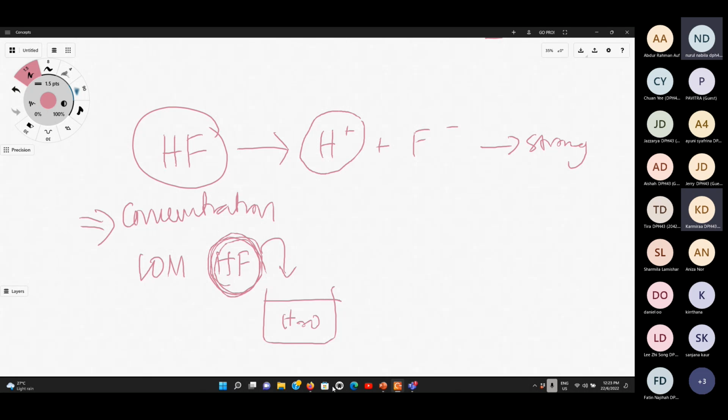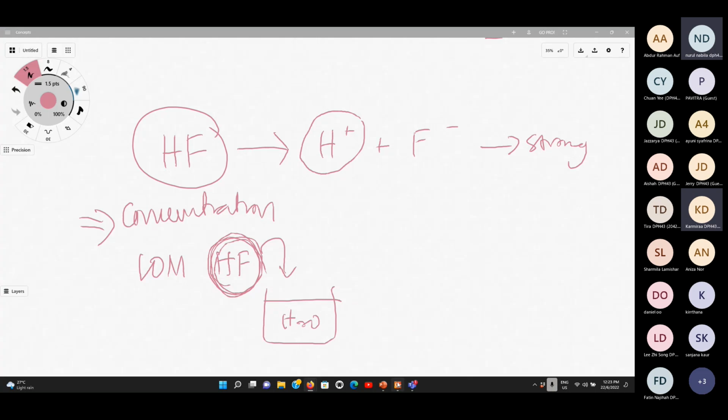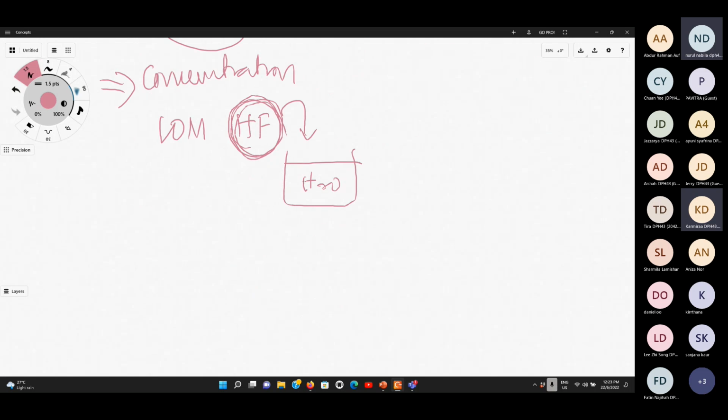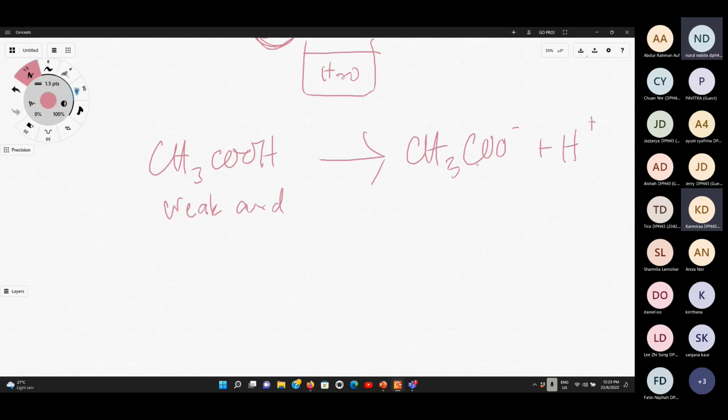Kita tak boleh guna this definition. The higher the concentration of an acid is the stronger is the acid. Sebab contohnya macam dalam that slide tadi, CH3COOH, vinegar, cuka, acetic acid. This is a weak acid. Weak acid because bila dia dissociate in water, dia produce partially saja. CH3COO minus tambah H plus.